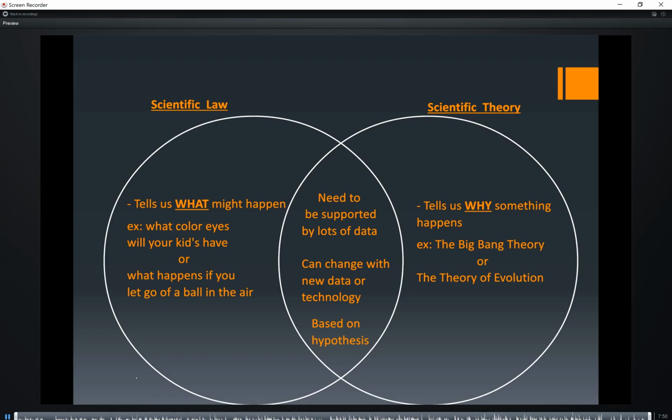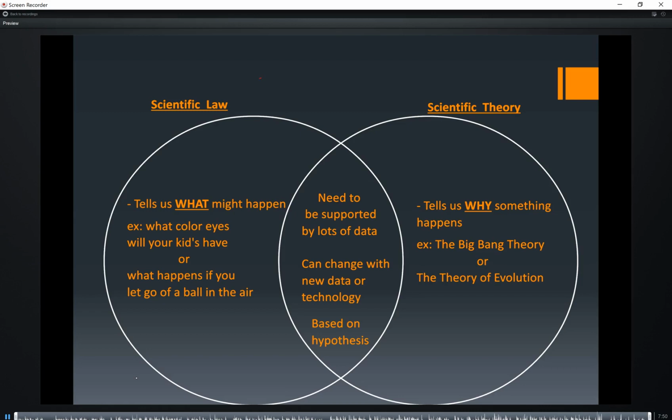And the way that they are similar is right here in the middle. So both a law and a theory have to be supported by lots of data. Both can change with new data or technology, and both of them are based on a hypothesis. Okay?